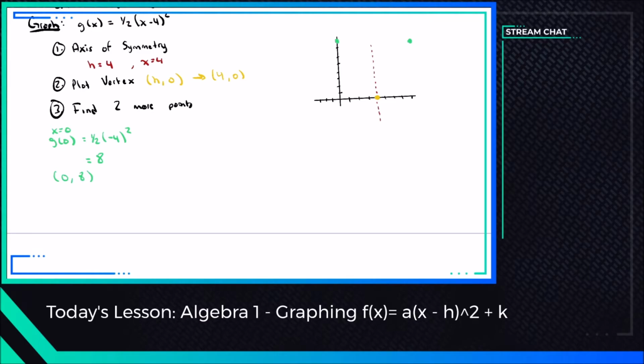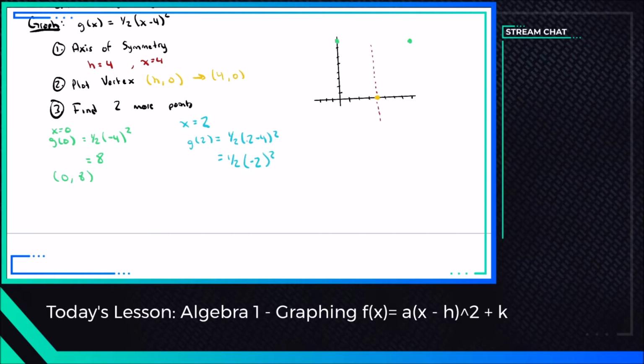Unfortunately, we can't really draw our graph quite yet because there's about 1,000,000 different ways that we can make it up to that point. So we need to find another set of points so we can more accurately draw our graph. So why don't we plug in something like x is equal to 2. So that's going to be g of 2 is equal to 1/2 of 2 minus 4 squared, which is equal to 1/2 of a negative 2 squared.